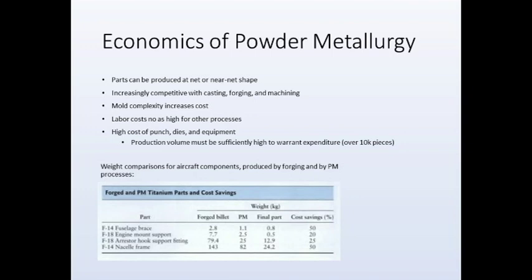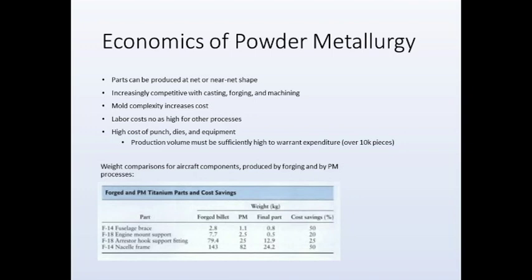There's an increased competitive factor. Injection molding has become increasingly competitive against casting, forging, and machining. Although one drawback is that the more complex the parts that we're trying to create, the more the mold complexity increases, and therefore the cost to produce those specific components also increases.